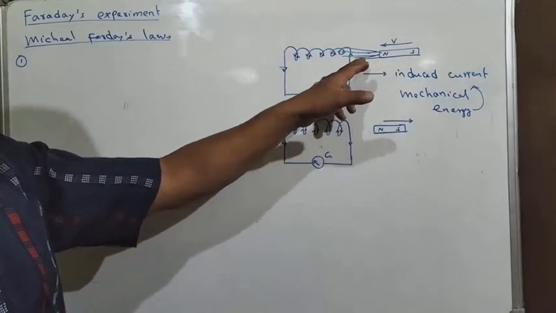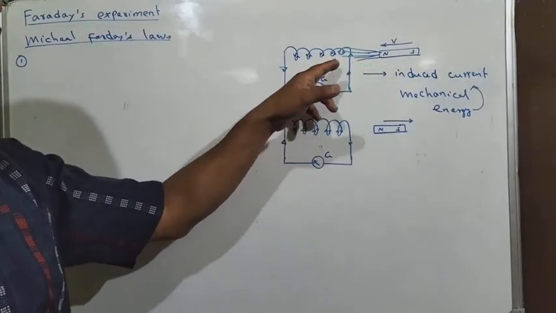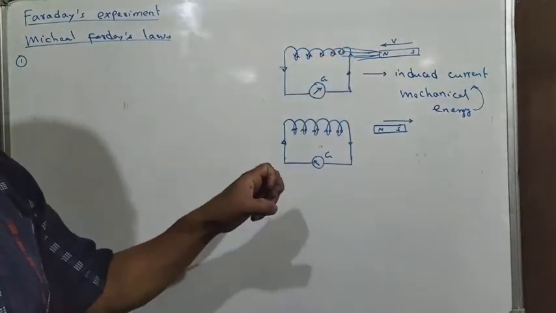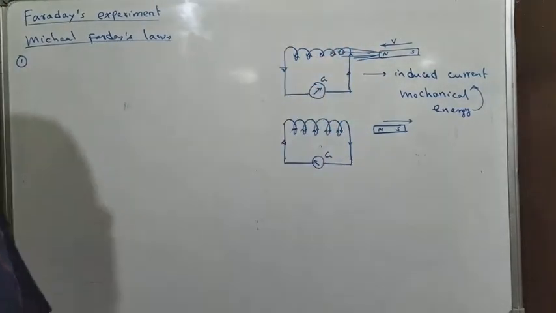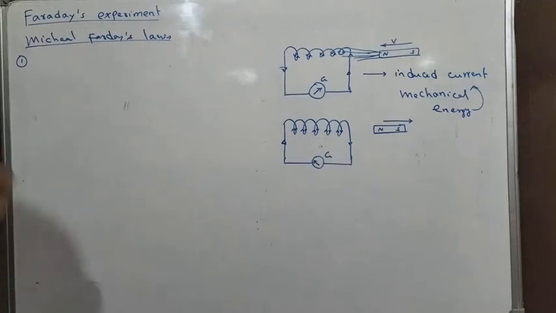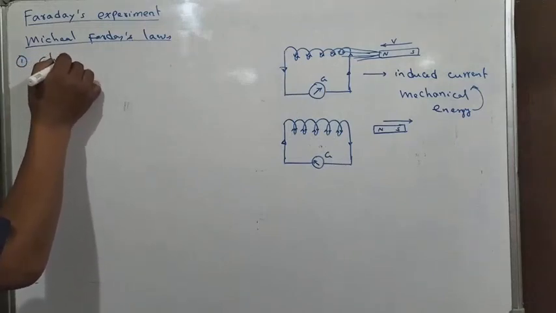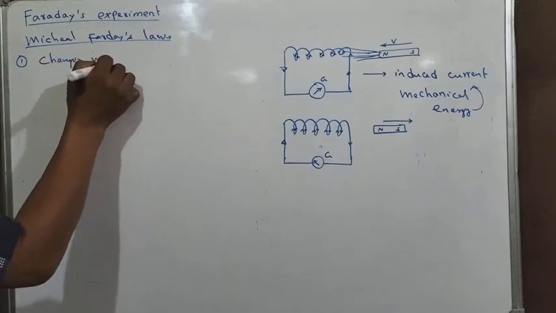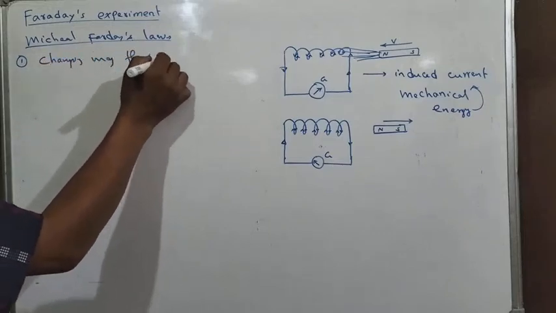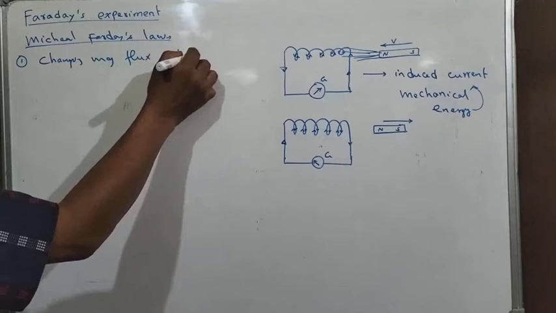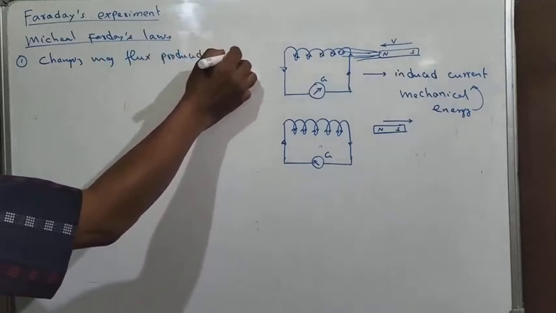Whenever a magnetic flux linking with the coil is changing, then a current is always induced in the coil. So that is the first law. So I will write here just to remember. Changing magnetic flux produces current in the coil. What current? Induced current.